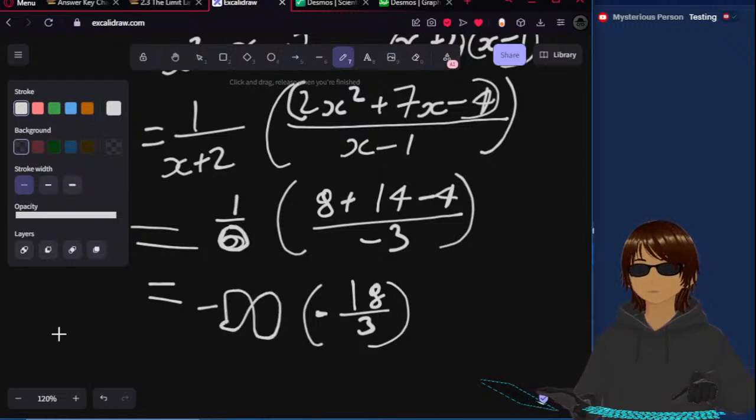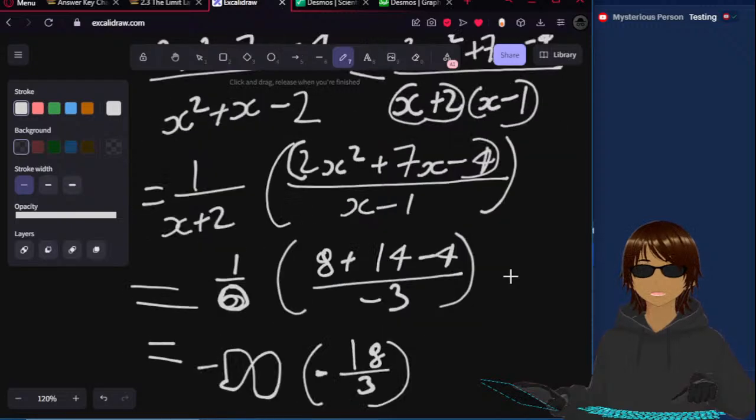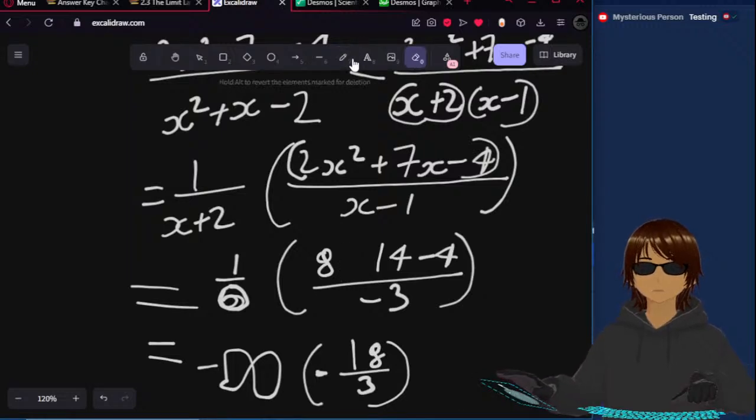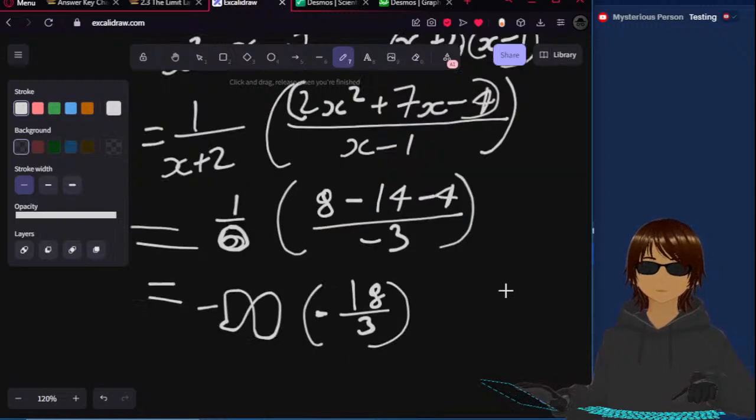Because its graph is like this. It should be positive infinity, right? Or maybe not. This is wrong. This is negative 2, so minus. So 8 minus 18 should be 10.